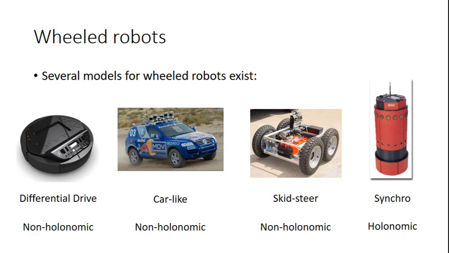Or you could do front and back, and it just depends. But those are non-holonomic, and this synchro, those are holonomic. They don't really have many constraints on the directions that they can move in, but we won't really be working with those in this class. But you should just know holonomic mobile robots do exist.